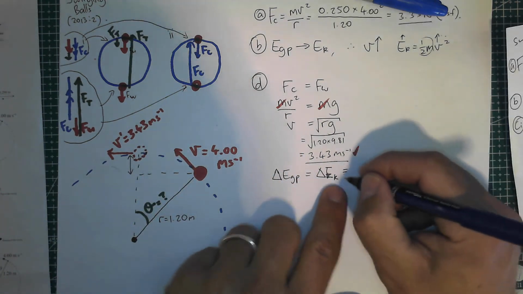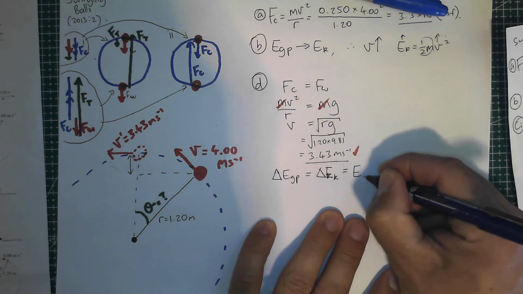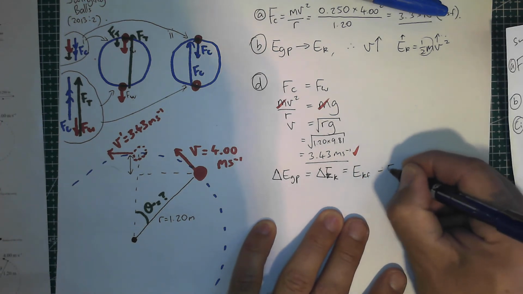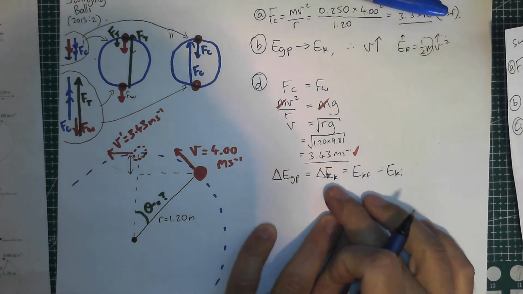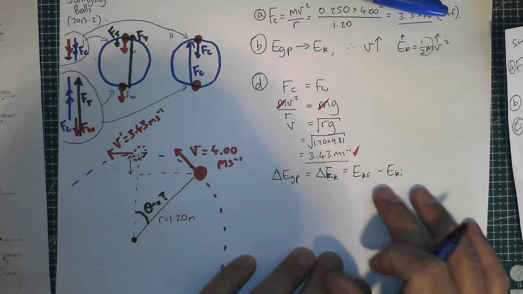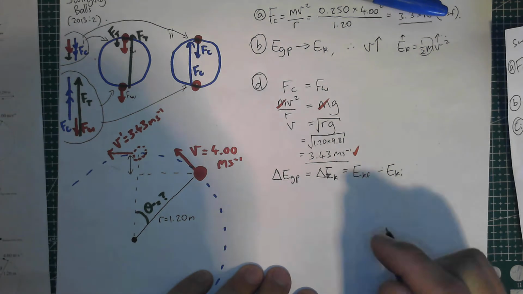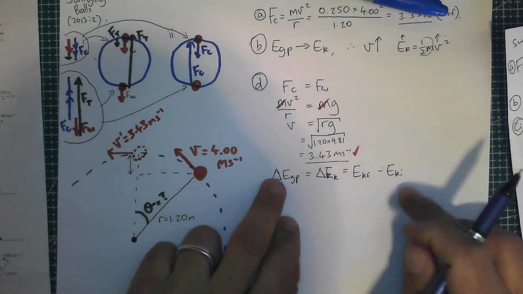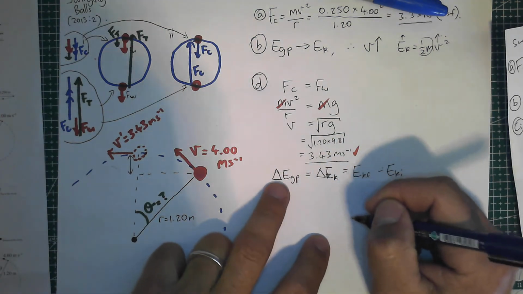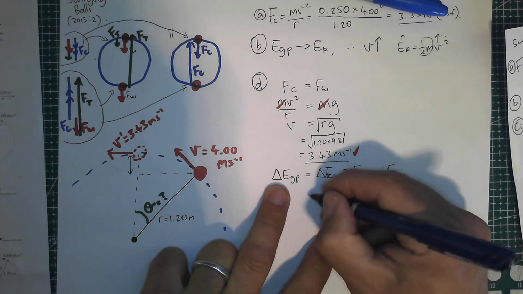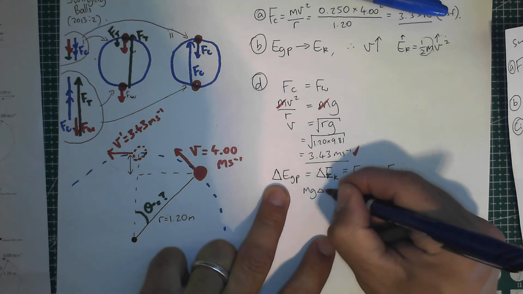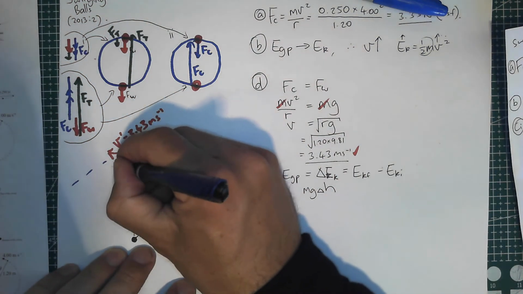And how do I work out the change in kinetic energy? Well, it's EK final minus EK initial. Now the reason I'm showing all of this working is because of the square in this equation. Makes it a little bit tricky. Okay, so over here the gravitational potential energy is equal to mg delta h, where delta h is this height here.